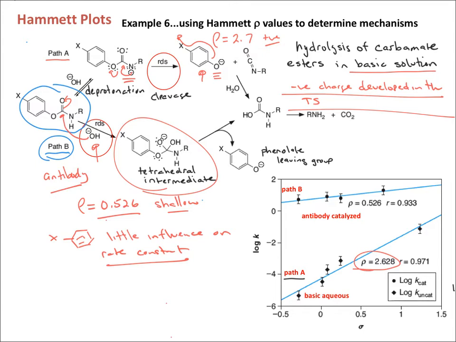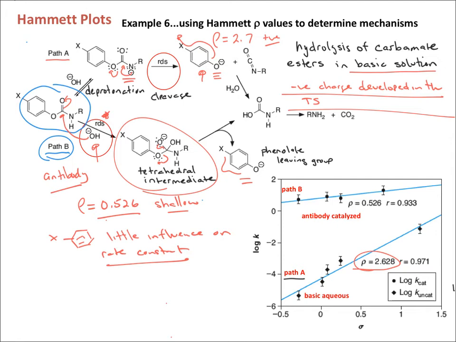And it's at this step where the tetrahedral intermediate now collapses and kicks out our phenolate ion. And so in each case, phenolate ion is the leaving group, but in path B, the rate determining step is the step prior to the loss of the phenolate ion, which is connected to the substituents.